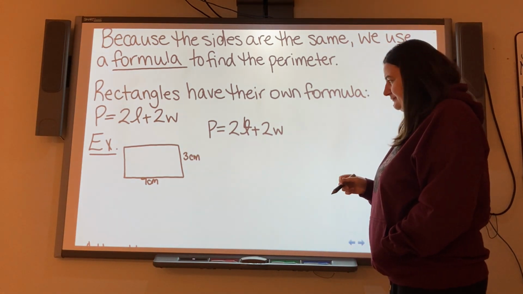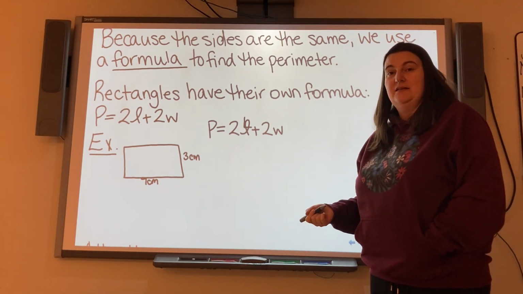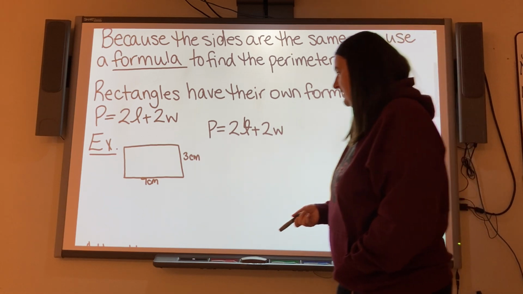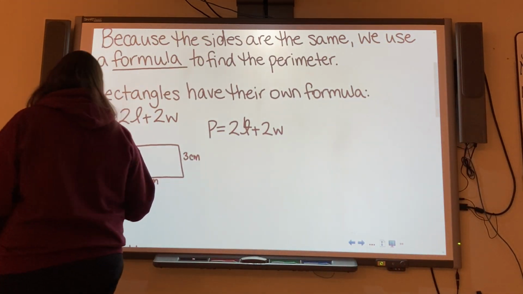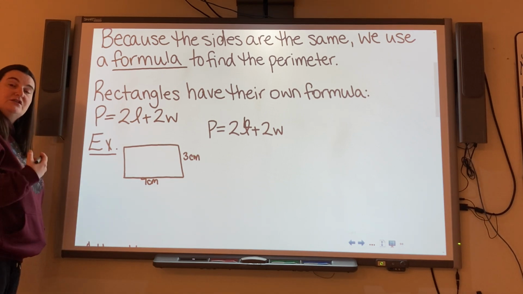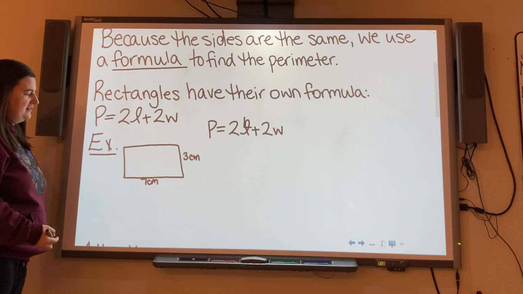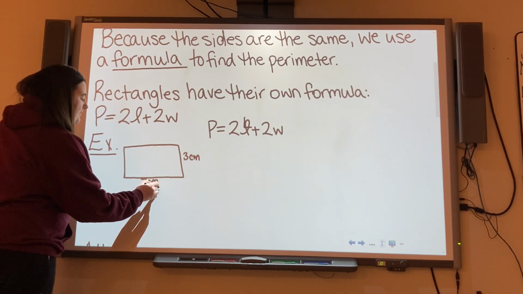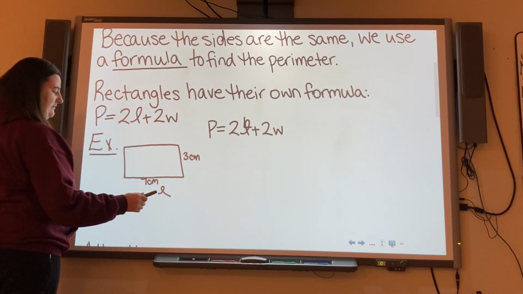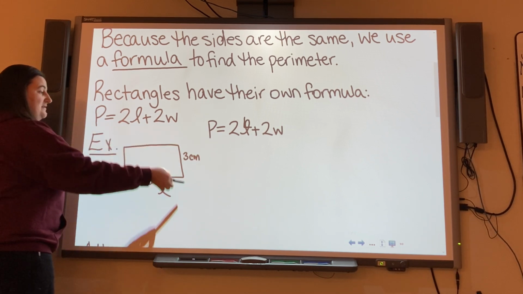Okay, so first of all, you have to figure out which one is the length, the L, and which one's the W. If you take a look at our rectangle over here, the length is the longer one. So which one's longer, 7 or 3? 7. So this is the L. If this is the L, the length, that means this must be the W.